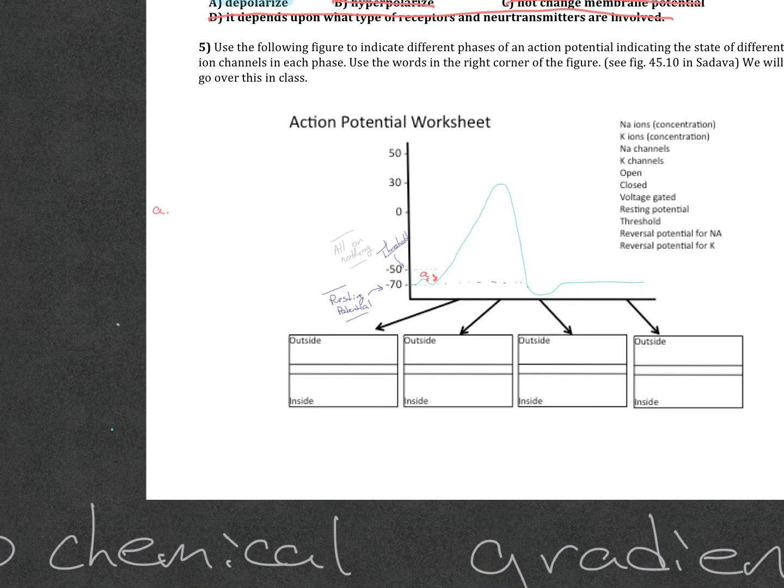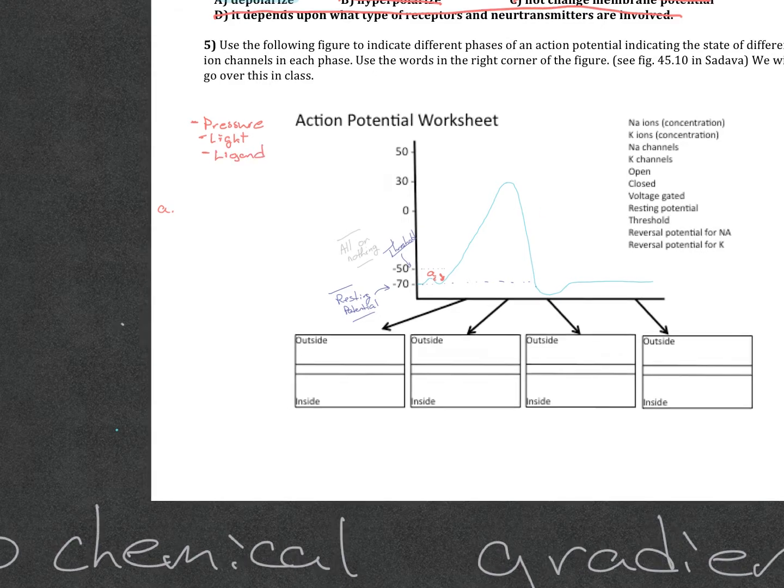Remember, we talked about this. It could be pressure on the type of protein channel that opens because of pressure. It could be light in the case of the sensory neurons in your retina. It could be ligand binding in the case of a neurotransmitter.